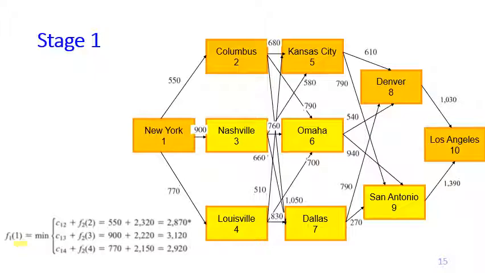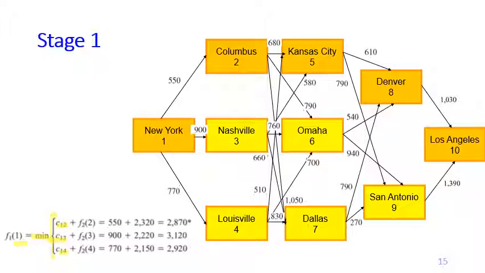Okay, from New York City, we have 3 possible decisions: going to City 2, going to City 3, going to City 4. Same as before, we have a curly brackets here to say that we are going to compare these 3 possible decisions and then take the one with the minimum distance to reach Los Angeles.